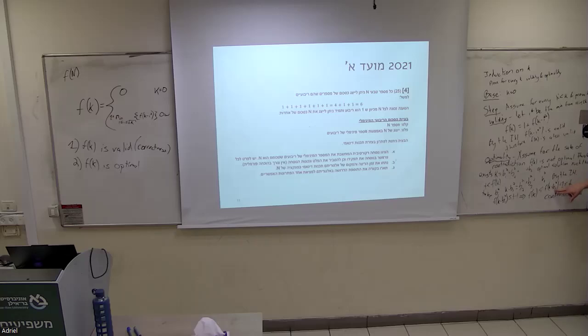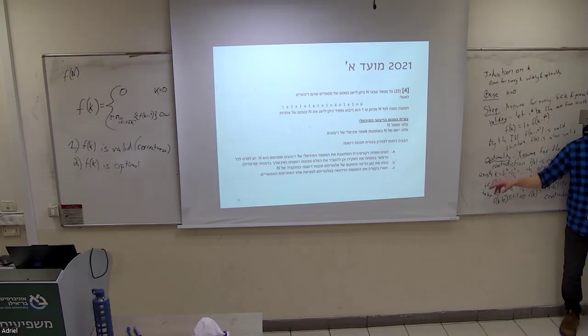Then using our induction hypothesis, we get that our solution is at least t. If not, it's more optimal than t, which is a contradiction that t is more optimal than our solution.